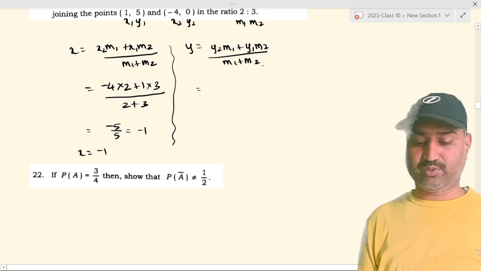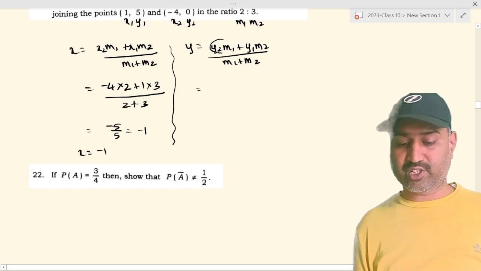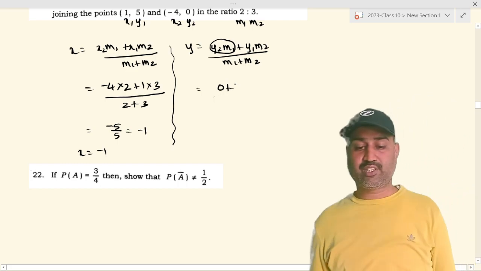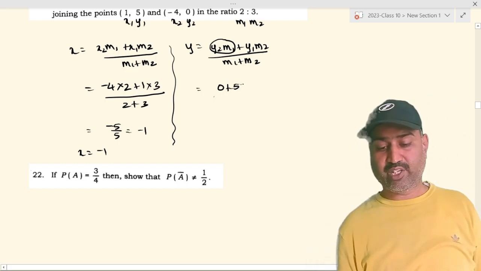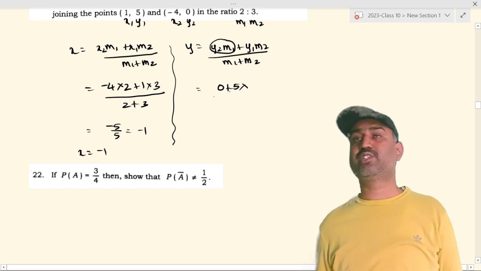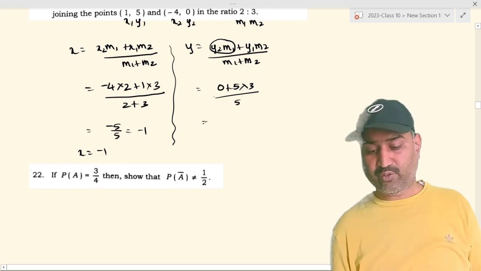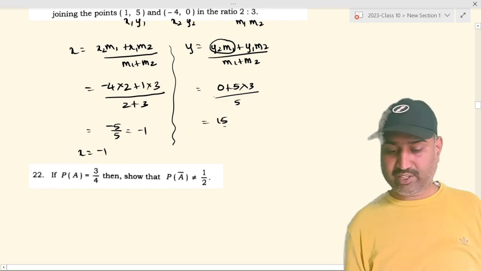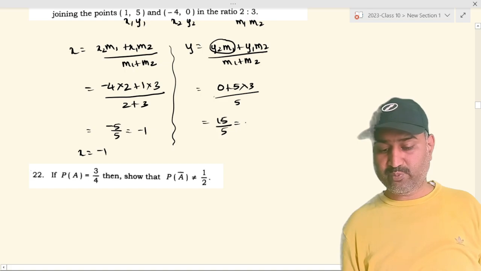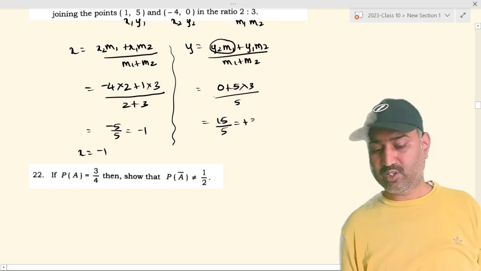Y2 is 0. Therefore, this term becomes 0. 0 plus y1 is 5. Y1 is 5 here. 5 into m2 is 3, whole divided by 2 plus 3, m1 plus m2 is 5 here. Now 5 3s are 15, 15 by 5 is equal to 3.